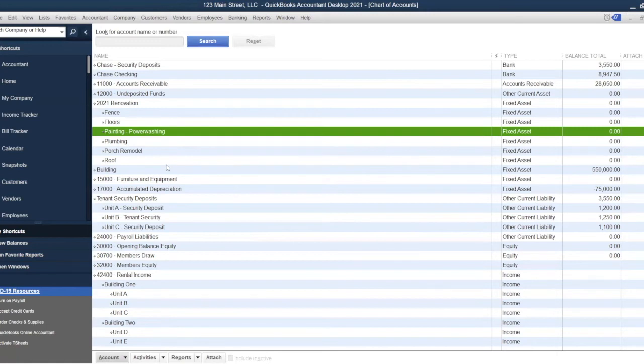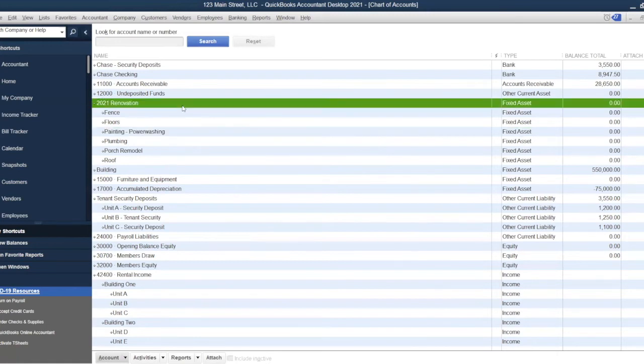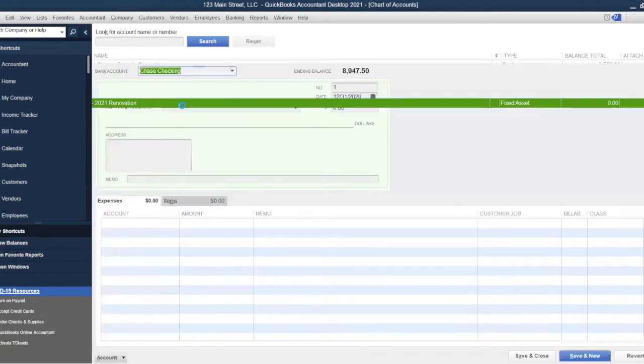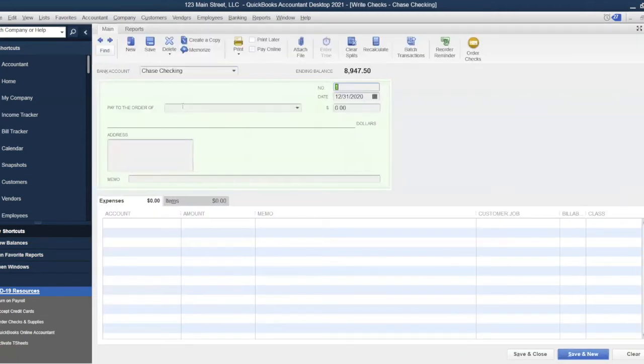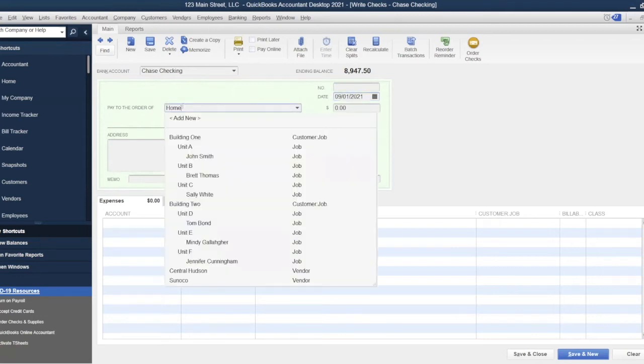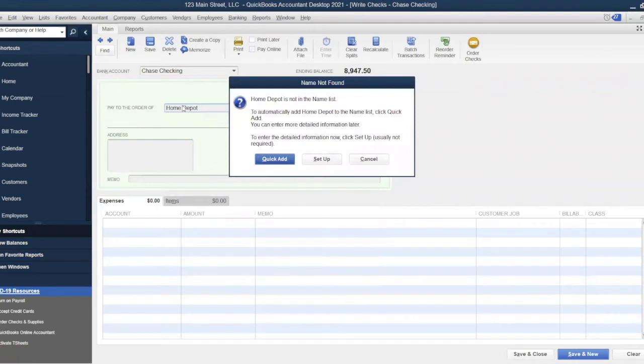All right, so as you spend money on these things, let's write a check. I'm going to just pretend all of this is coming out of the checking account. So let's say this week, at the Home Depot is where we got the new fencing. So I just click tab.